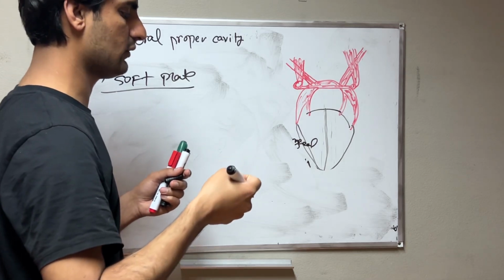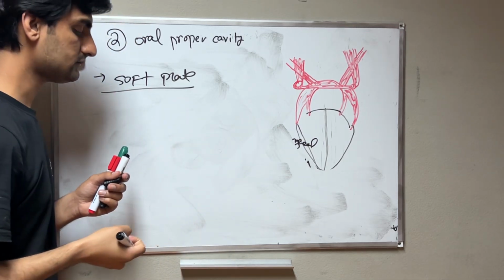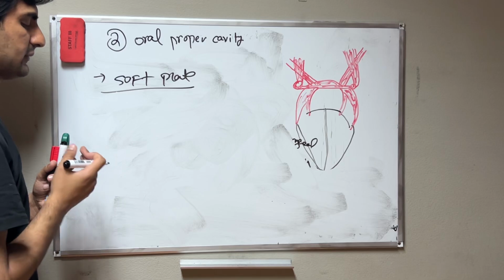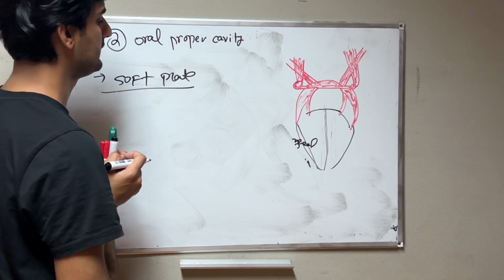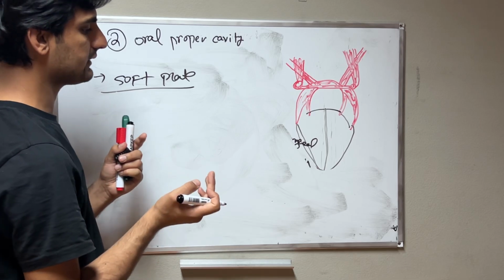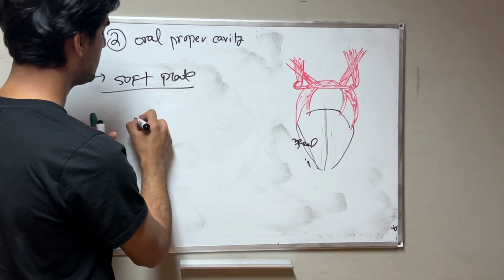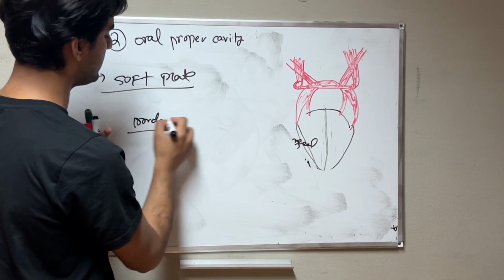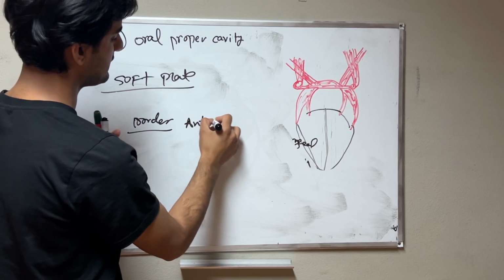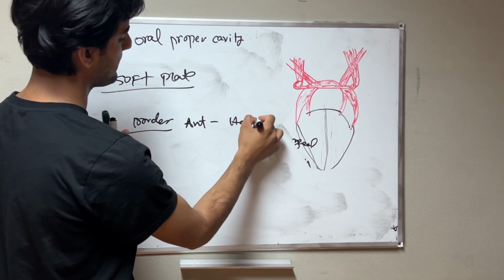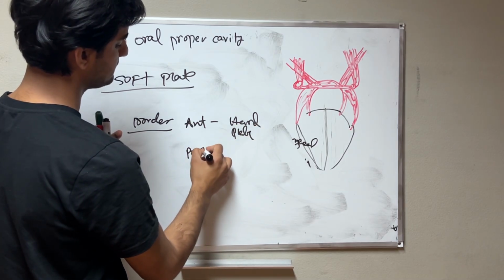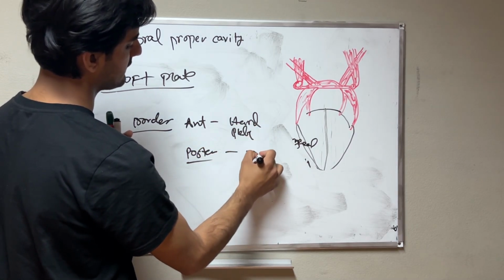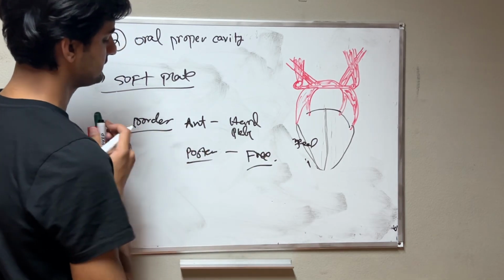It's like a bag, and there we have muscles and mucous membrane covering the soft plate. About the borders: the anterior has connection with the hard plate, and the posterior is free.